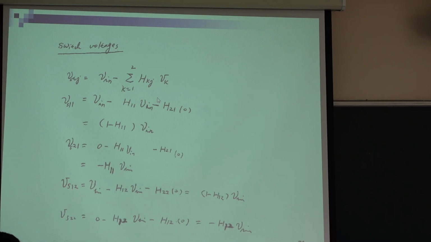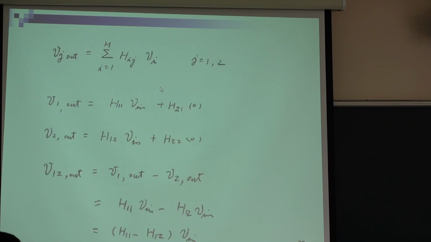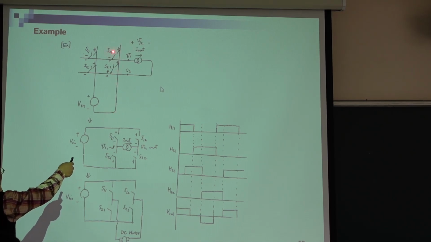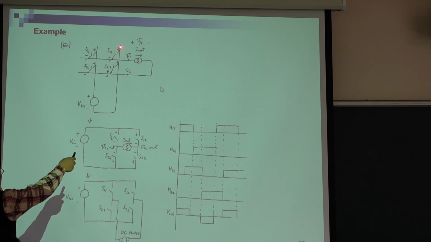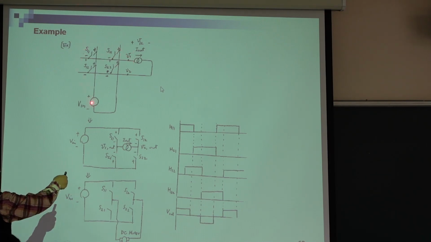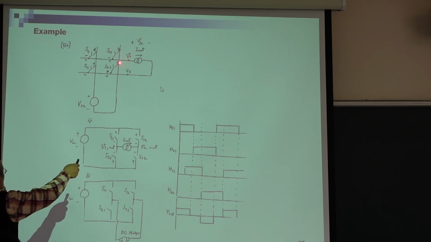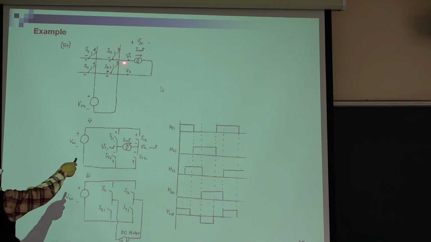So we can calculate the voltage across S21. What is the voltage across S21? Here. It is equal to here. 0 minus V1. What is V1? H11 Vin plus H21 0. So this is 0 minus V1.